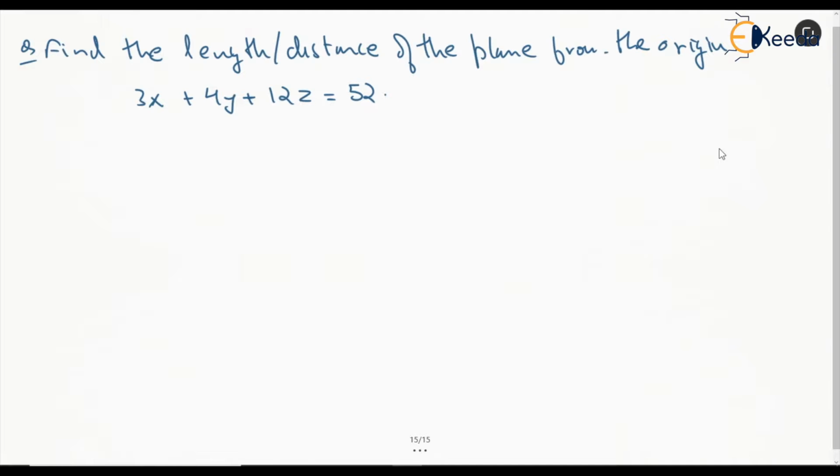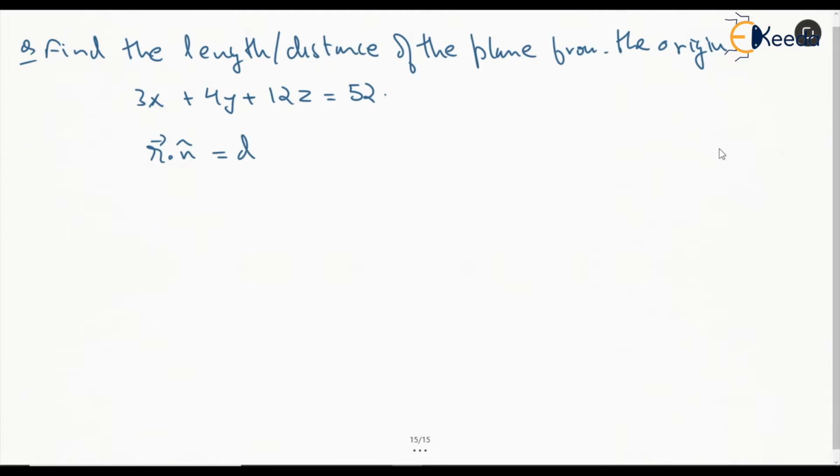Right? Now, we know that the general equation for a plane which is at a distance of d with the normal n is given as r dot n cap equal to d.